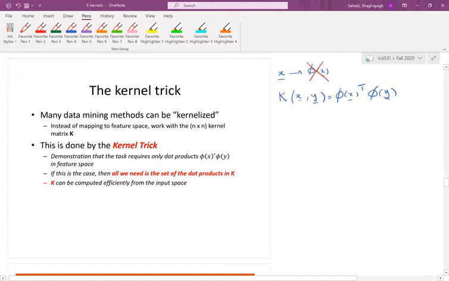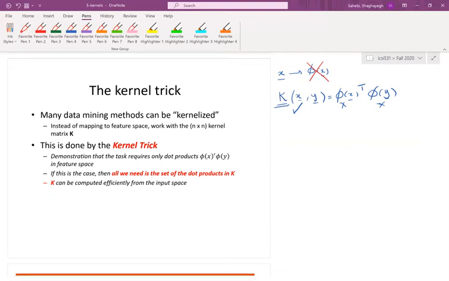So basically, what we are saying is that there should be a way such that we can calculate this kernel without accessing phi of x and phi of y, right? So that instead of mapping our data to this feature space, we should be able to work with the kernel matrix that is defined based on the data points.